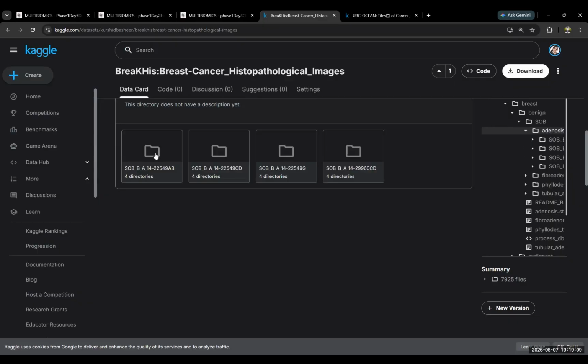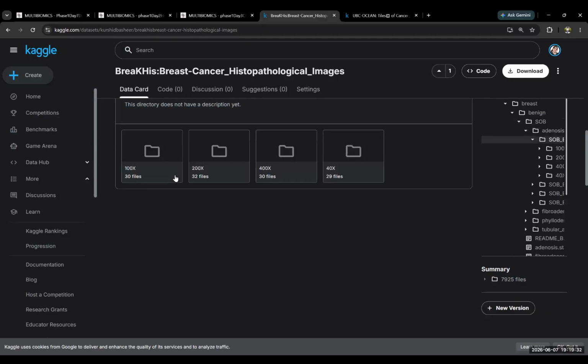Next, if I open this SOB, BA1422549AB, all this CD9G, you can see these long codes over here. These are nothing but the labels. These belong to different patients. Okay. So what I have opened is only adenosis.